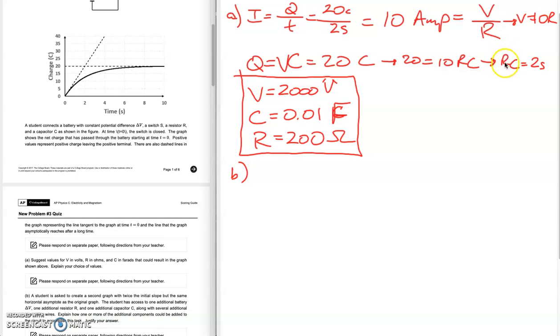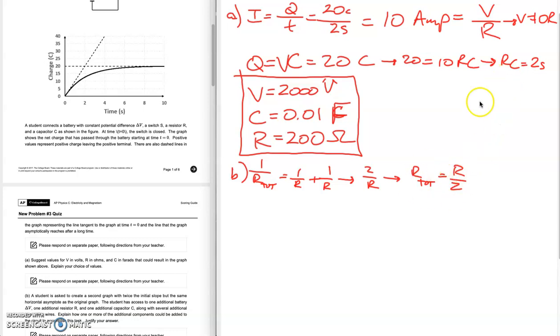And the way you reduce resistance is by adding a resistor in parallel. So 1 over R total is going to be 1 over R plus another 1 over R, which gets us 2 over R. So when we flip these upside down, R total is going to be R over 2.